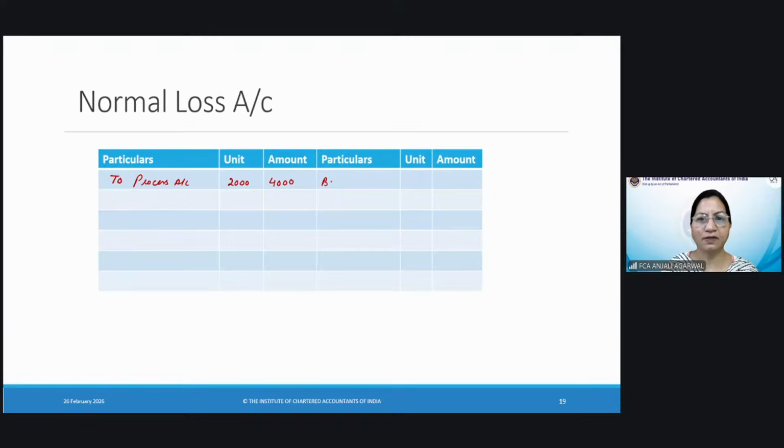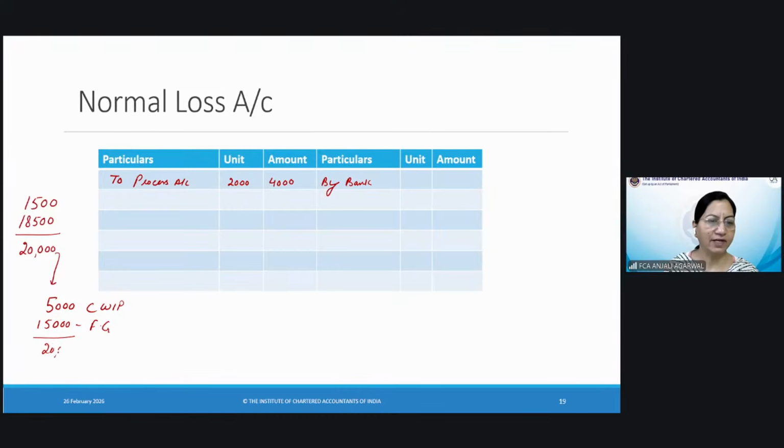How many are the truly normal loss units? Now you see 1,500 was opening WIP, 18,500 was introduced in the process. So the total units were 20,000. But out of 20,000, 5,000 is closing WIP and 15,000 units have moved to the next process.